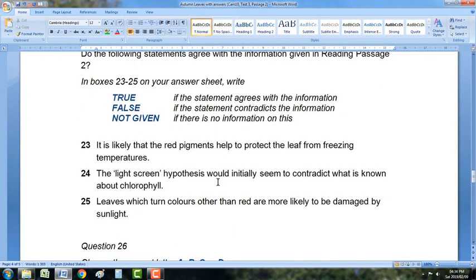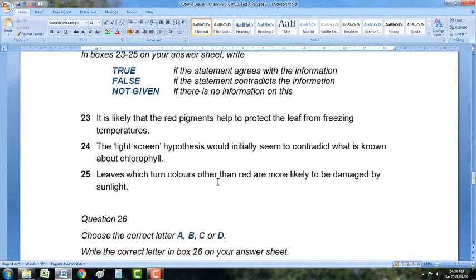So we need to probably, first thing to do is find where they come from. We can do target language later. So scanning language, freezing. Maybe protect the leaf, freezing temperatures. Light screen hypothesis, that's good. I know where that is.